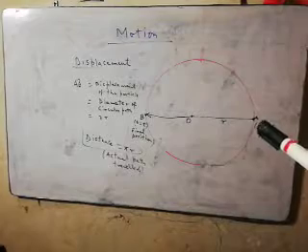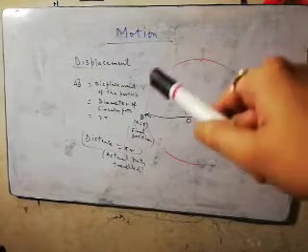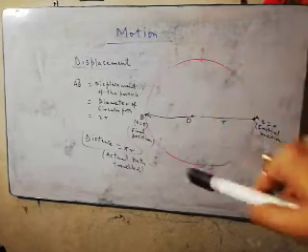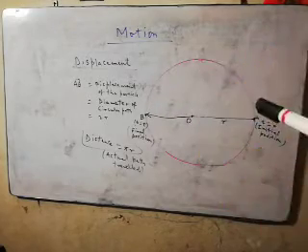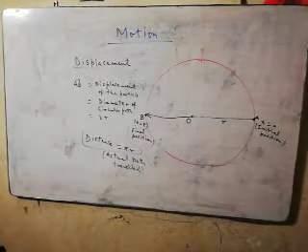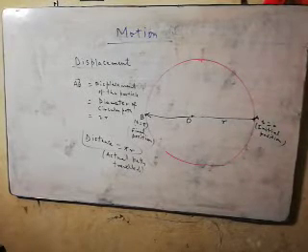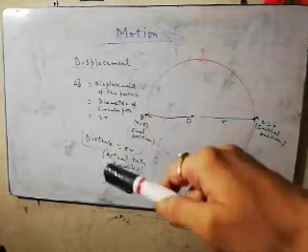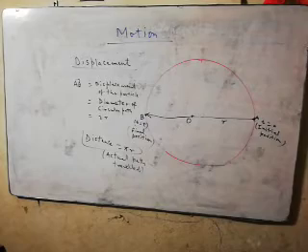But distance will not be 0. Distance will be one full revolution, the circumference, that is 2 pi r. So that is the way we understand displacement, and that is different from distance. Okay, students?